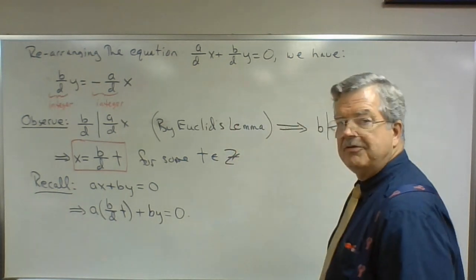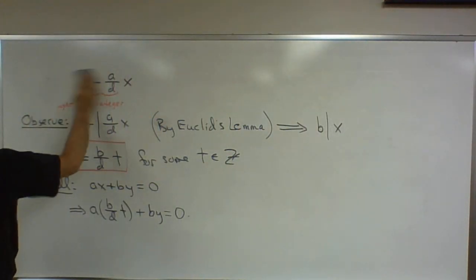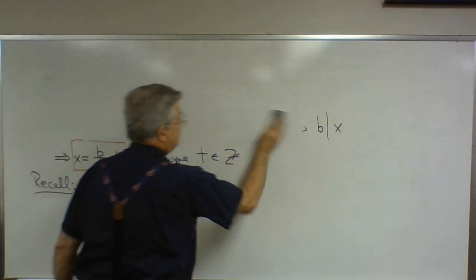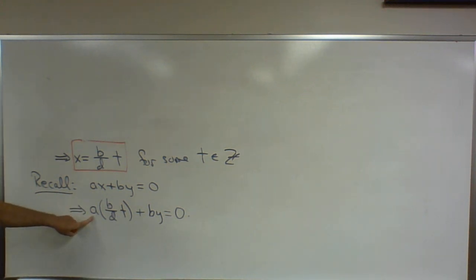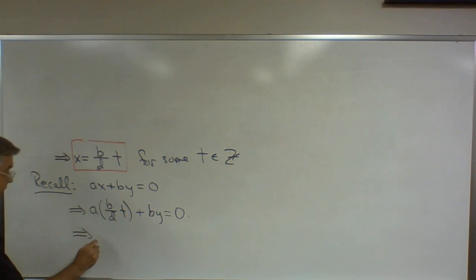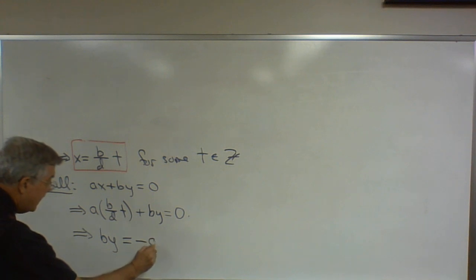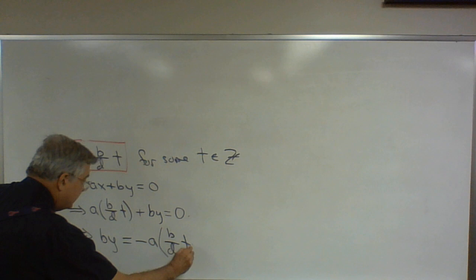And give me just a second to erase the board. I don't think I'll need much more than that. Okay. I am just going to take this term now and move it to the other side of the equation. So I have by is equal to negative a, b over d t.